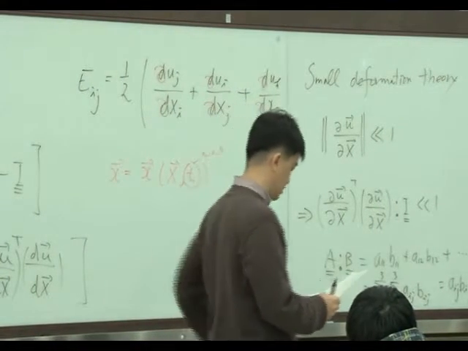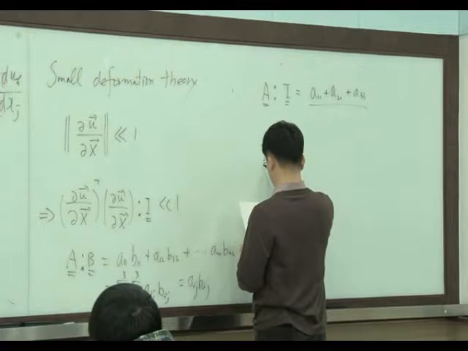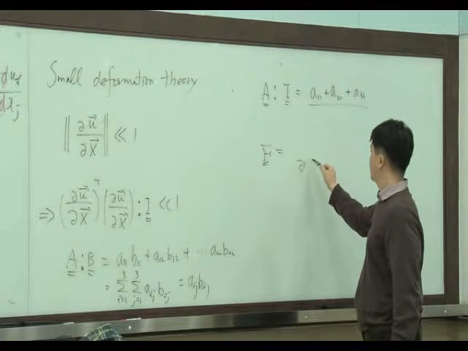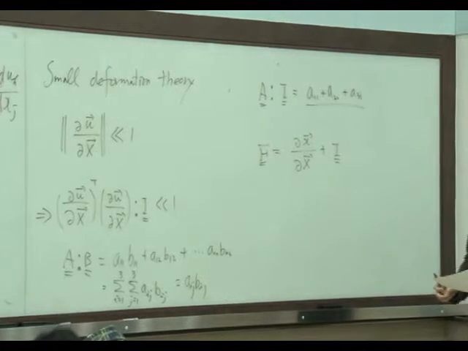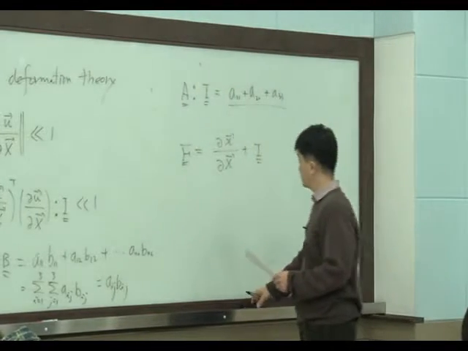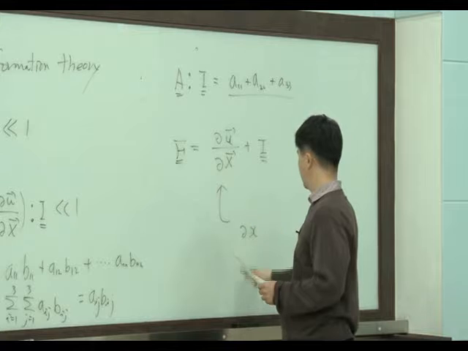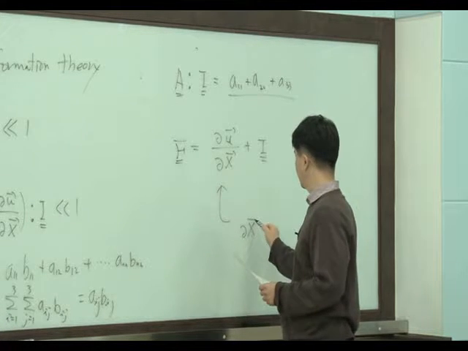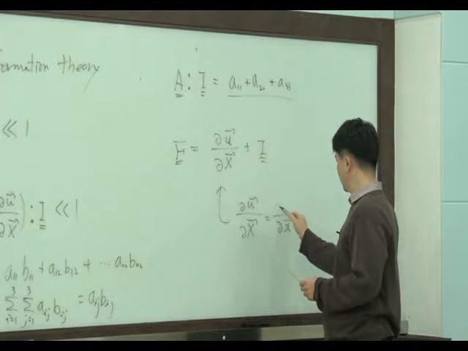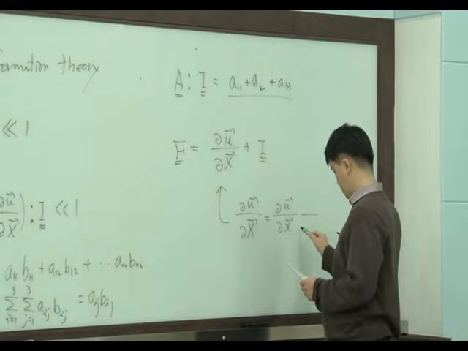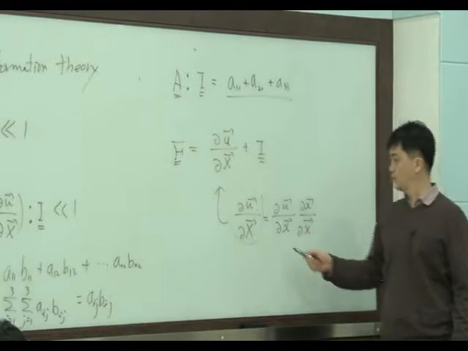Okay, with that assumption, let's use the deformation tensor, which is partial x partial X, the current over the initial, which equals partial u partial X plus I. In this equation, we can write down this term with two terms.